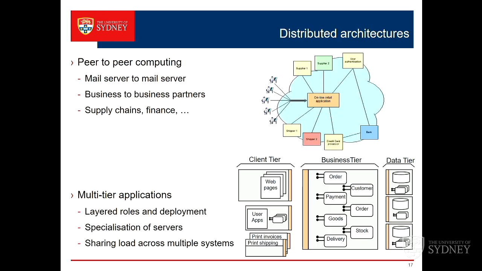I added a slide here with distributed architecture. These are both diagrams of distributed systems. The top one is a distributed system built up from components from different organisations, perhaps different parts of the same organisation. It's primarily peer-to-peer. The retail application talks to shippers, and the relationship between the retail application and the shipper is peer-to-peer.